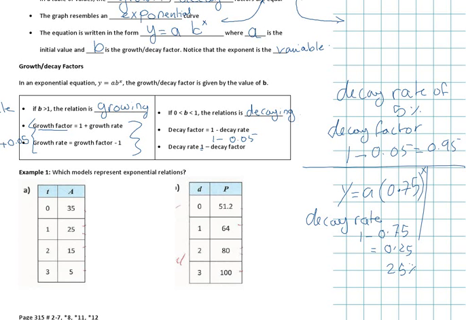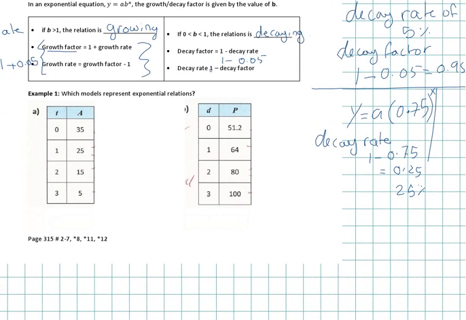And then if it's an equation, I'm looking for a variable in the exponent. Okay? So in this case, it's a table of values. So if I want to know if it's an exponential relation, I have to do the ratio. So I have to do y2 divided by y1. This time you divide. That's why it's called a ratio, right? The other one is called difference, so subtract. Okay.